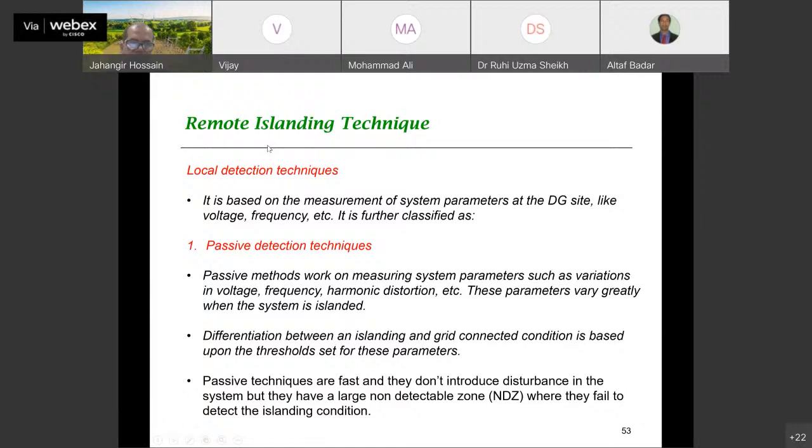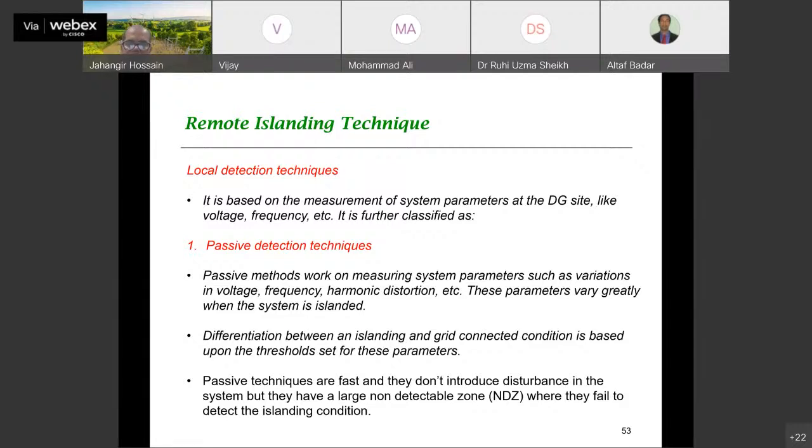The other technique you can use is called the local detection technique. The local detection technique mainly depends on measuring some parameters locally, for example voltage, frequency, and power quality. As I mentioned, there are three types of method: passive, active, and then hybrid, which is nothing but the combination of active and passive methods.